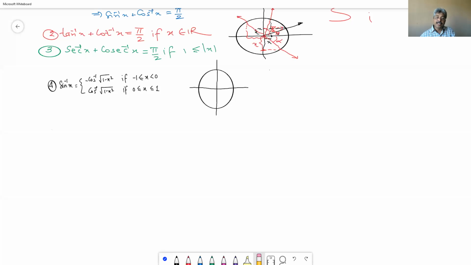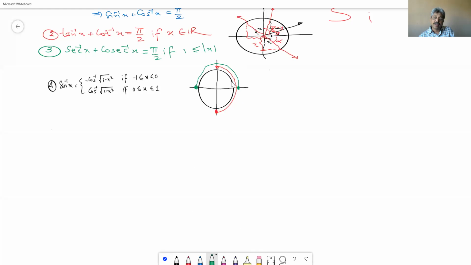We are dealing with sine inverse and cos inverse. So as far as angles are concerned, sine inverse is from here to here and cos inverse is from here to here, both inclusive.